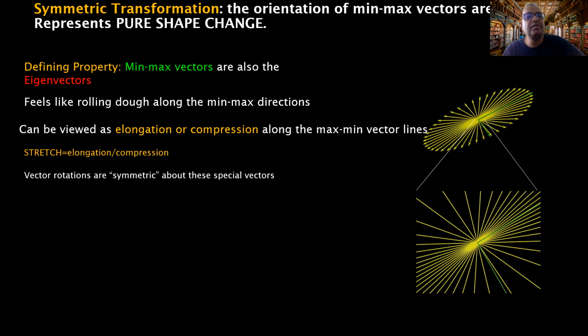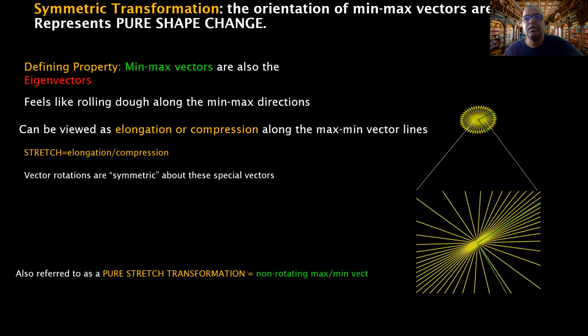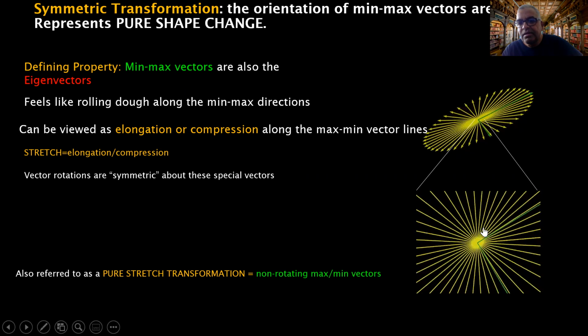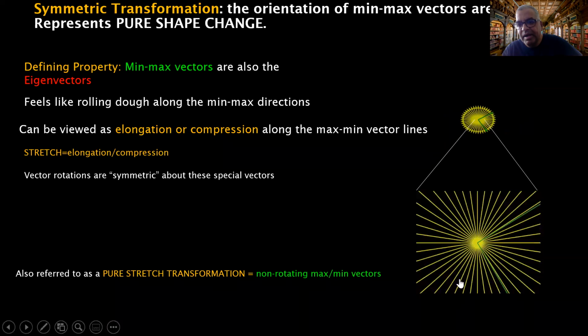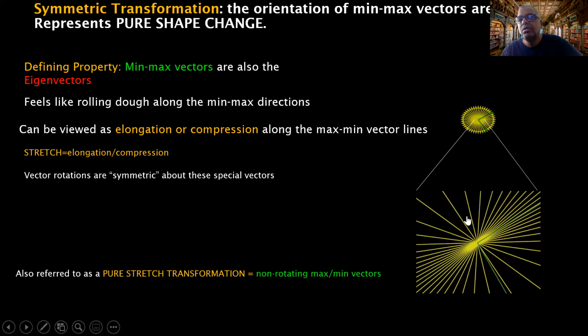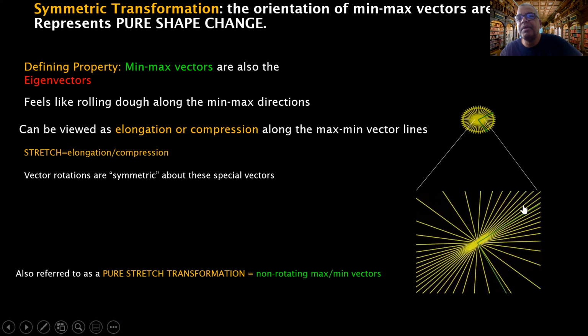Vector rotations are symmetric about the special vectors. So let's see what I mean. First, can you see it gets stretched this way? So there you go. Can you see how it gets stretched? And if I blow it up, you will see that all the other vectors are rotating symmetrically towards the min-max vector, or away from the minor axis and towards the major axis.